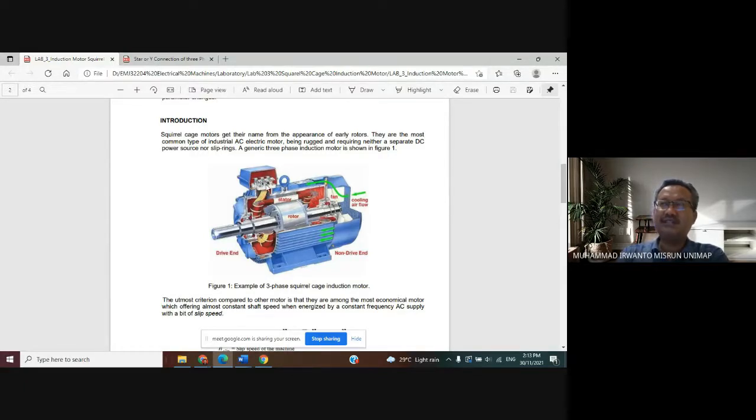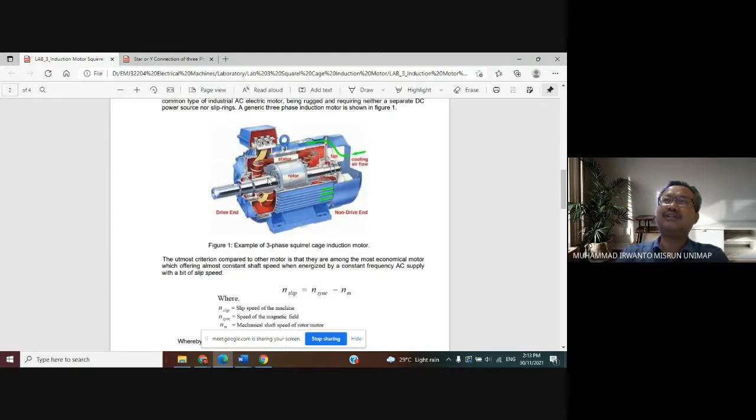What is it for? It is for making the required connection, meaning delta connection or Y connection, to start this induction motor.